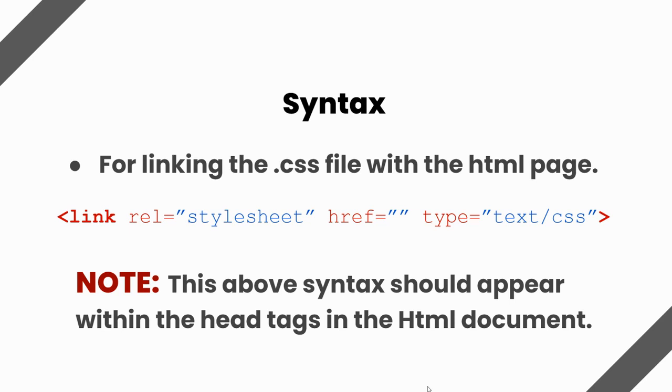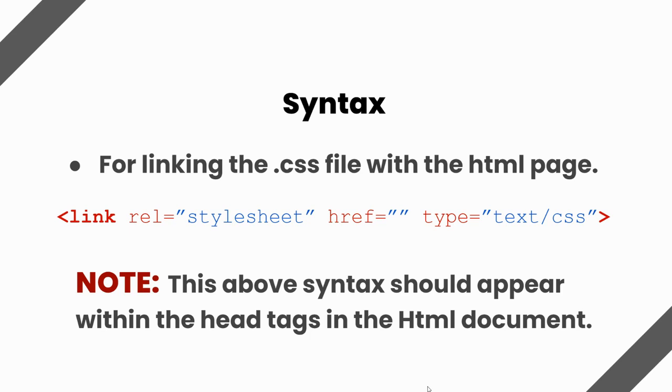From this syntax, we can see that within the link element, we have two attributes that already have their default values. These values do not change irrespective of the type of CSS file you are creating or the number of CSS files you are creating. The rel attribute and the type attribute do not change at all.